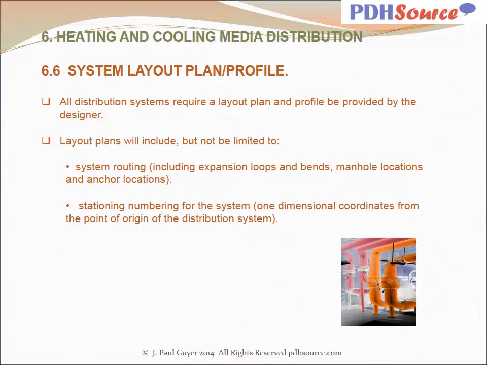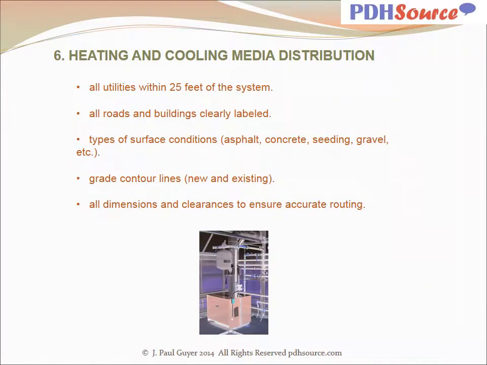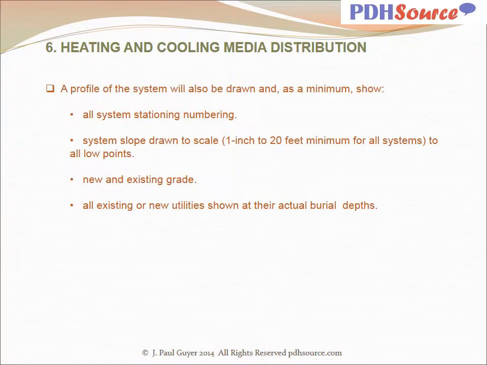Layout plans will include but not be limited to system routing, including expansion loops and bends, manhole locations, and anchor locations, station numbering for the system, one-dimensional coordinates from the point of origin of the distribution system, all utilities within 25 feet of the system, all roads and buildings clearly labeled, types of surface conditions such as asphalt, concrete, seeding, gravel, etc., grade contour lines, both new and existing, and all dimensions and clearances to ensure accurate routing.